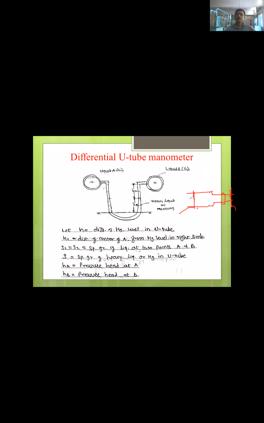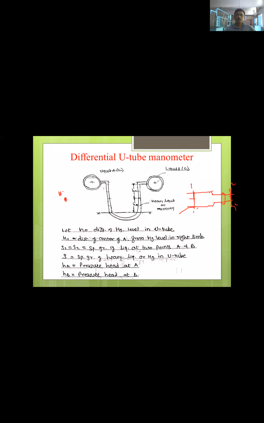Then I want to find out the pressure difference between these two points. What are the two points? Section 1 and section 2. To find this pressure difference, we cannot use the piezometric tube or the simple tube manometers. They will not directly give the pressure difference values.